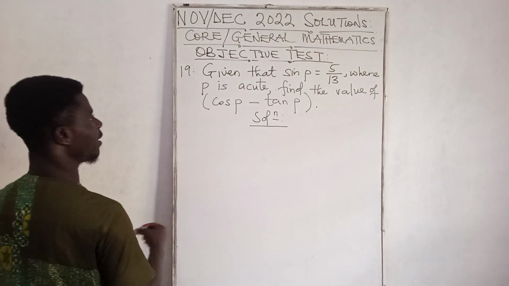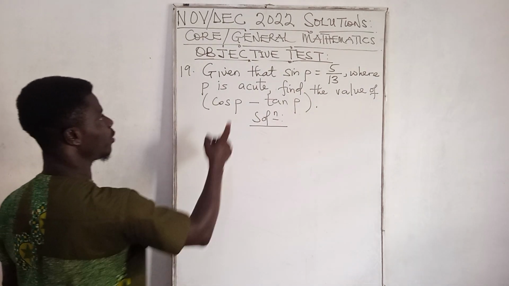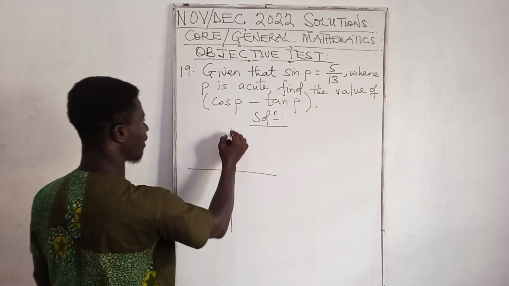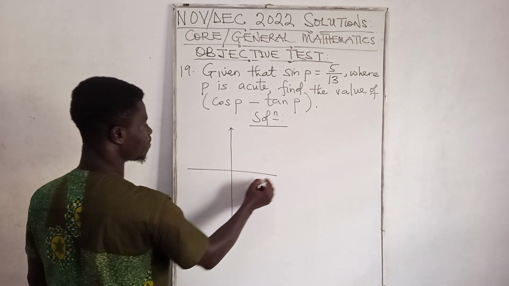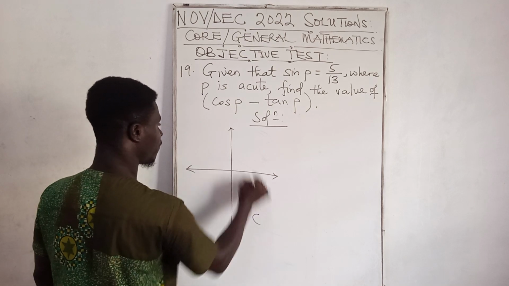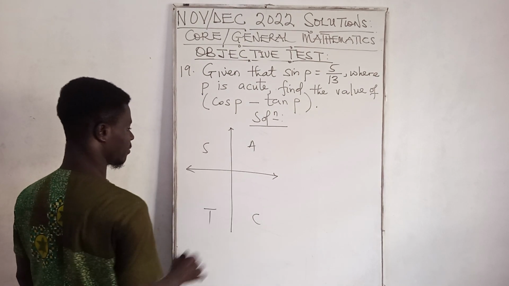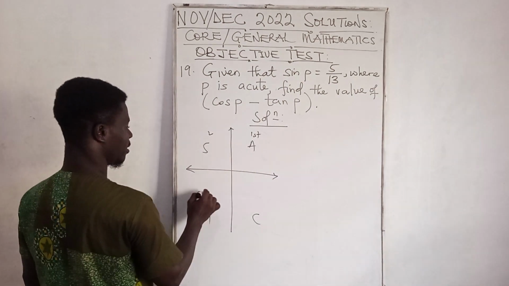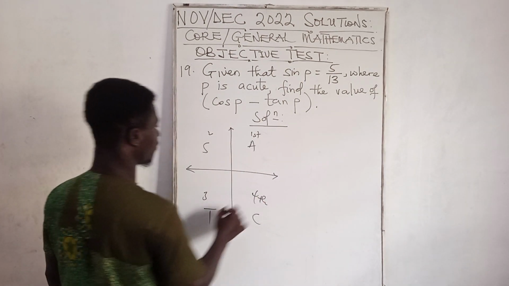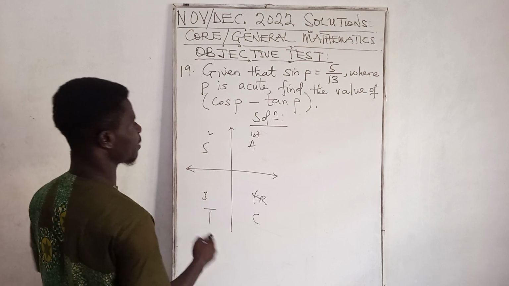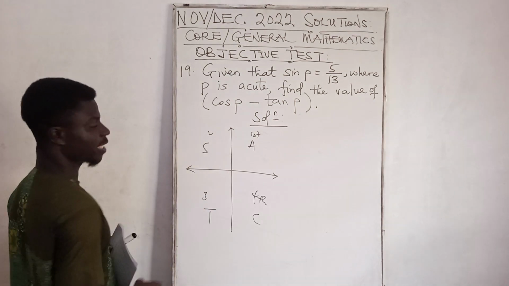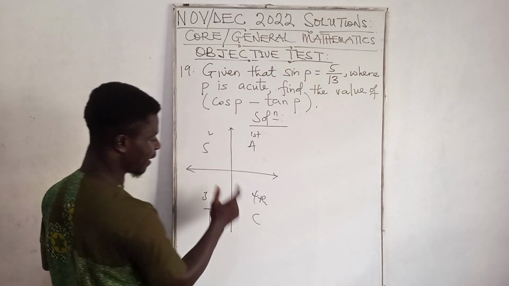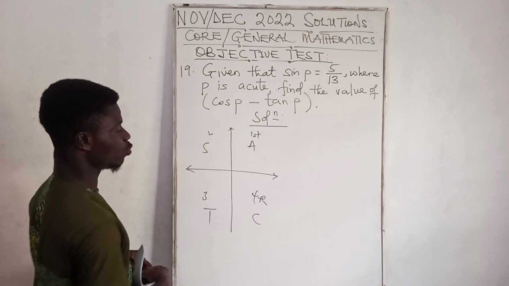So sine p is equal to 5 over 13. Now let's see, we have CAST, which is the first quadrant, second, third, then fourth quadrant. Here sine is positive, and here too sine is positive. Here sine is negative, and here too sine is negative.